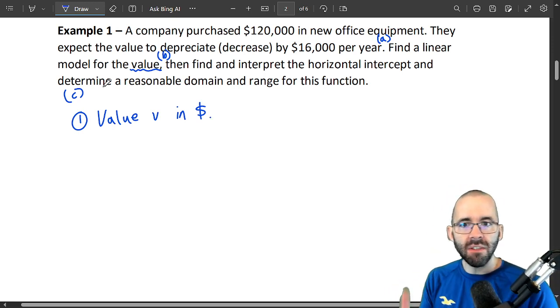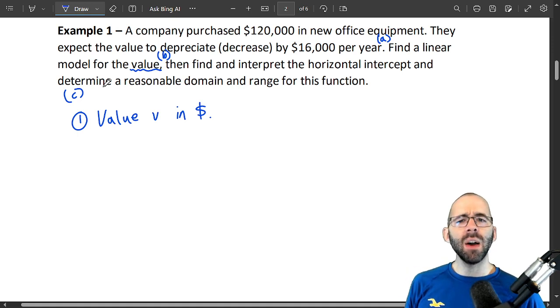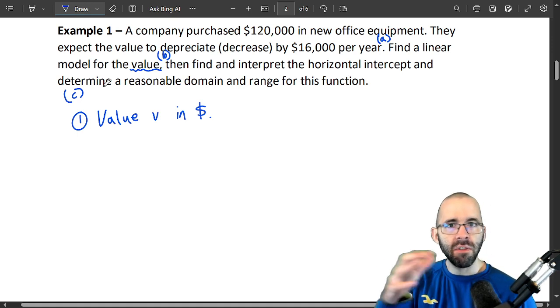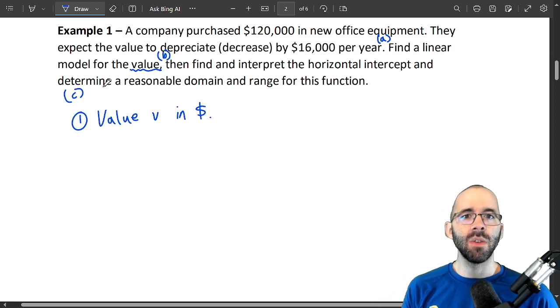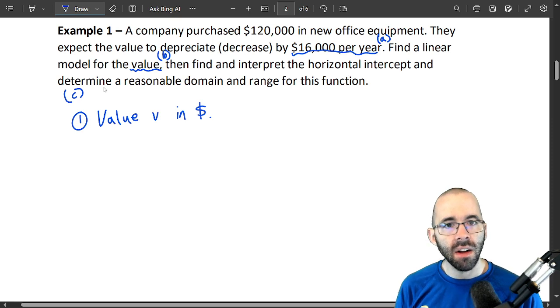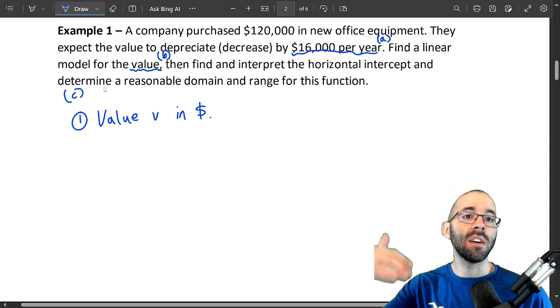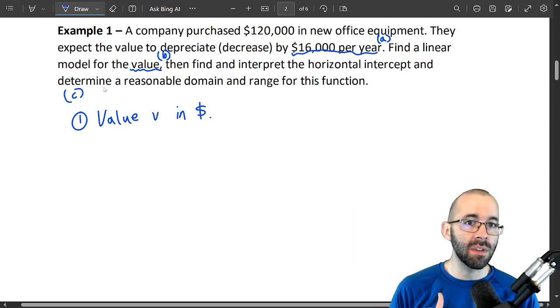So as soon as we have identified one of these quantities that we're interested in, we say, well, how is V changing? V, the value, is something that we care about. Well, how is it changing? It's changing every year. And as soon as we know how it's changing, that tells us another quantity that we care about.